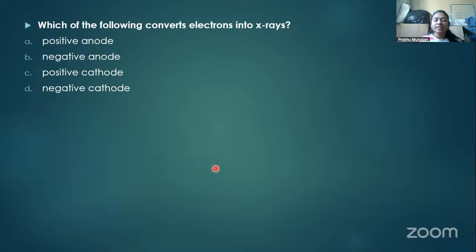So understand clearly, cathode is always negative, anode is always positive. So we're going to rule out two options from this: positive anode and negative cathode. These are the two options that you're left with. Within these two, we are asking which is going to convert the electrons into X-rays. The electrons are going to come from your cathode and it is getting converted to X-rays only at the anode, right? So the answer is going to be option A, that is your positive anode.